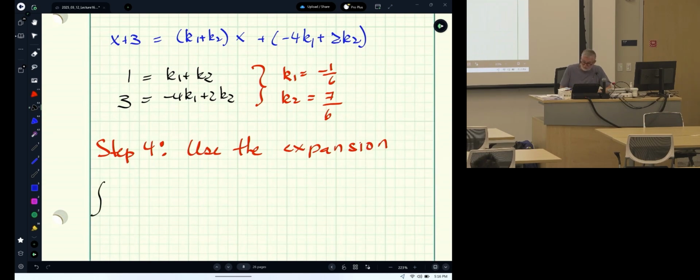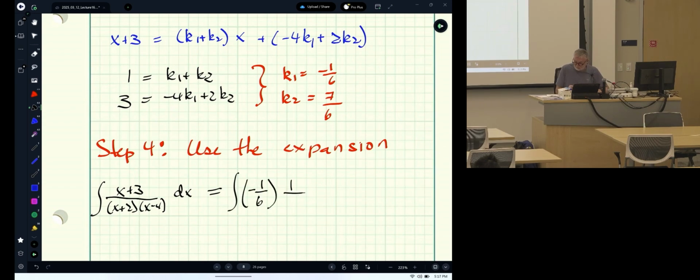So we have the antiderivative of x plus 3 over x plus 2 times x minus 4 dx is equal to the antiderivative of minus 1 over 6 times 1 over x plus 2 dx plus the antiderivative, a constant k2, times 1 over x minus 4 dx.